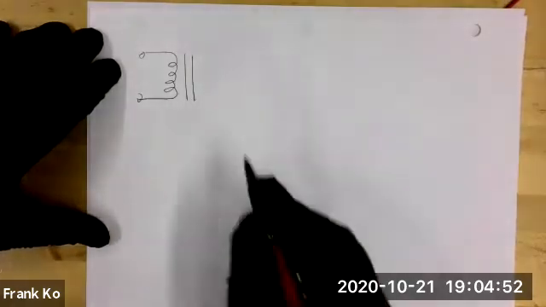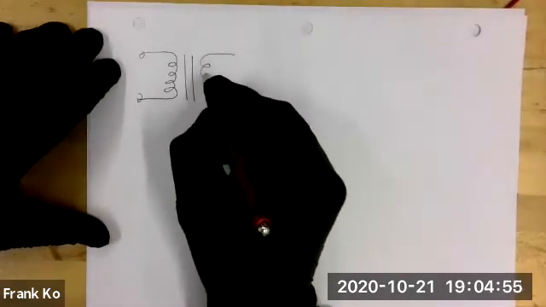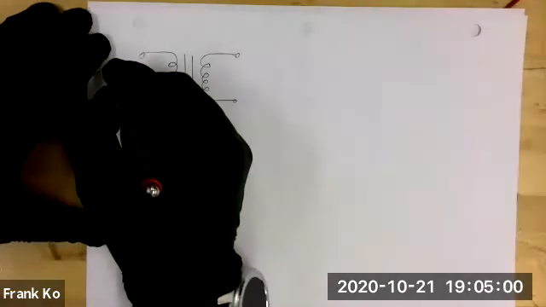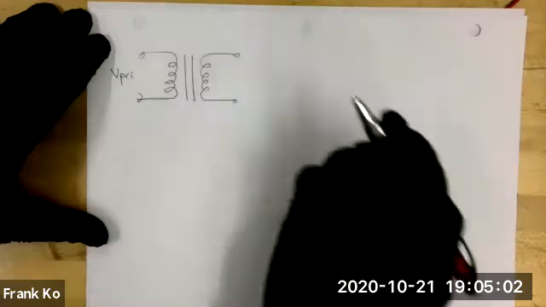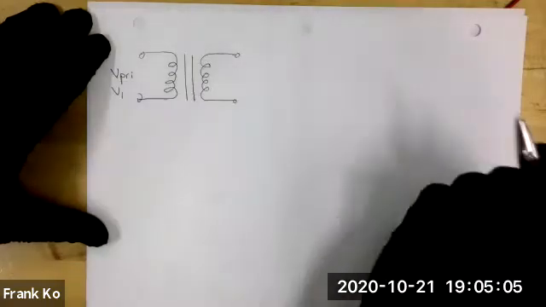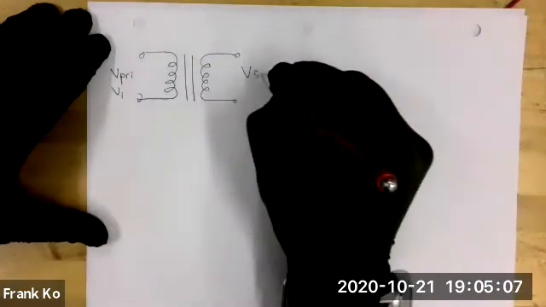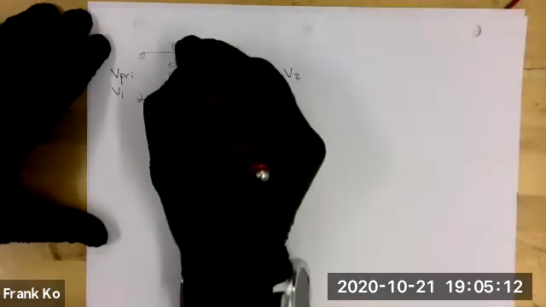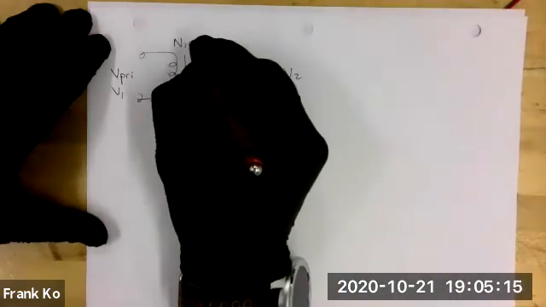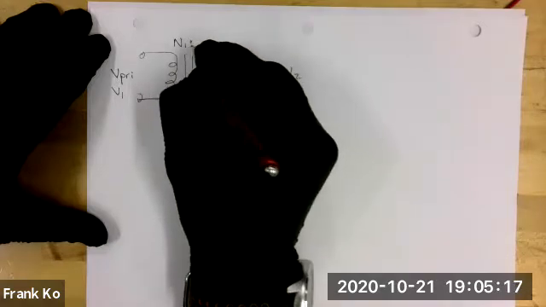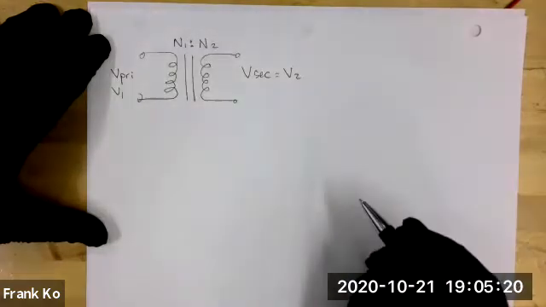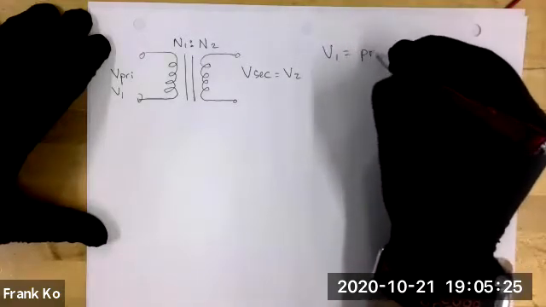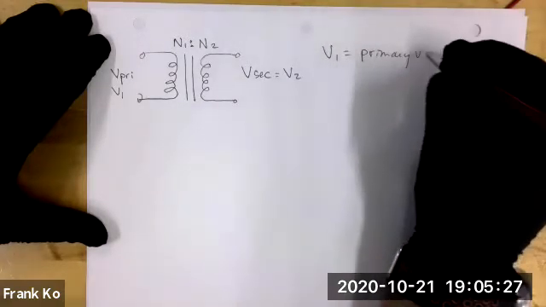The double lines mean that this is an iron core. VPRI is the same as V1. My VSEC, which stands for secondary, is the same as V2. Then I have something known as N1 to N2. So V1 equals primary voltage.